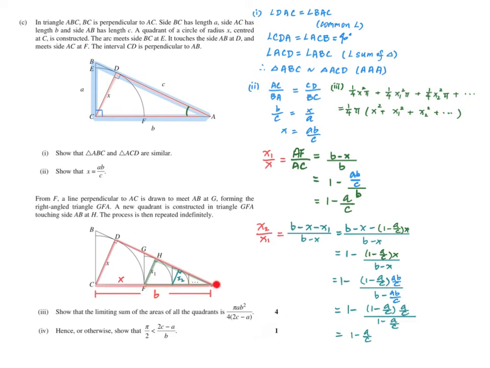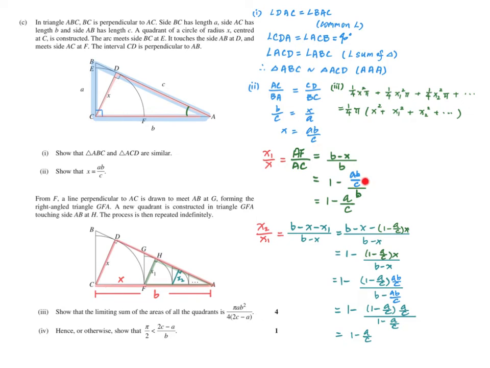And this AF is actually equal to B minus this x, because this is a radius. If CD is x, then CF should also be x. And we have this equation formed. B minus x over b, we can rewrite it into b over b, which is 1, minus x over b. From part 2, we know that x equals ab over c.